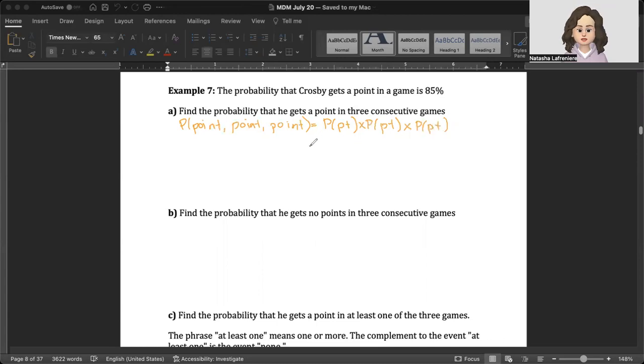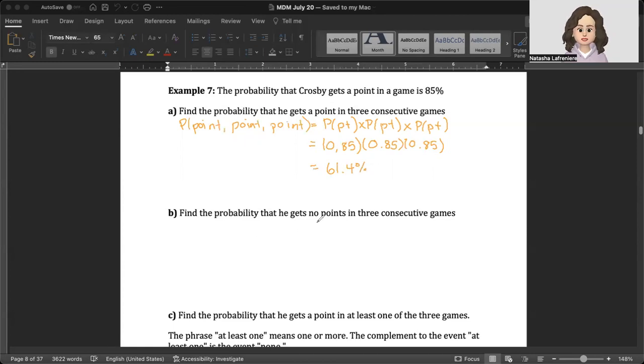Obviously you've got to put the percentage into decimal, so it's 0.85 times 0.85 times 0.85, which will give you a 61.4% chance.